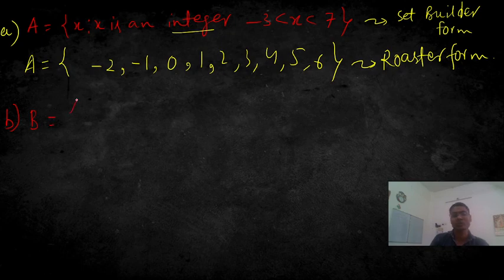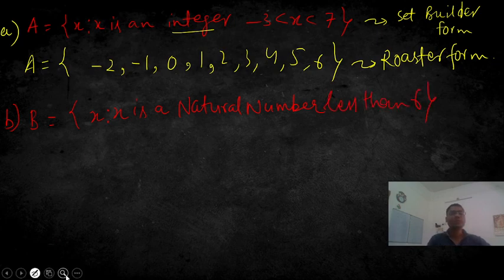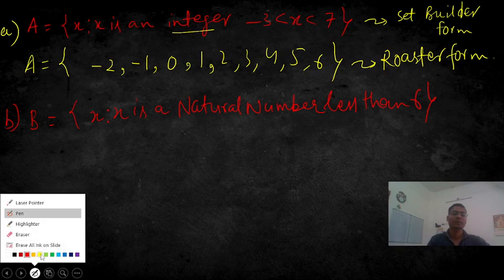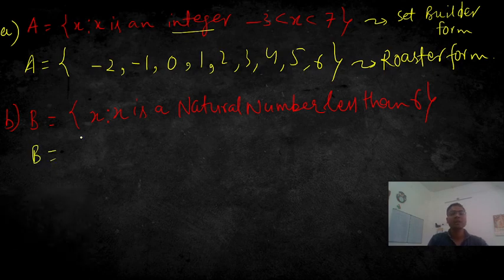Red is the question and yellow pen is the answer of the statement. x says that x is a natural number less than 6. So what will you write here as your answer? You will write the same.